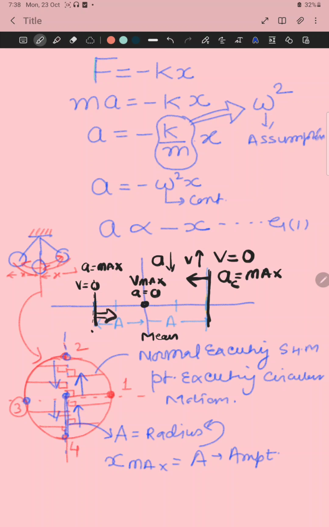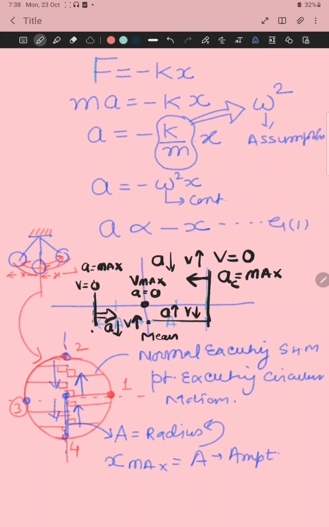And similarly, when it goes again towards the mean, the same thing happens: acceleration decreases, velocity increases, velocity will be maximum at this position, and here we can say acceleration is increasing and velocity is decreasing.